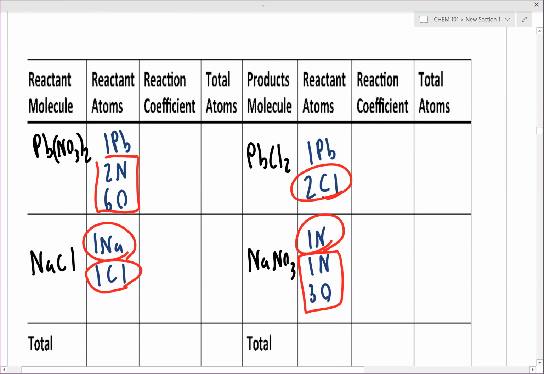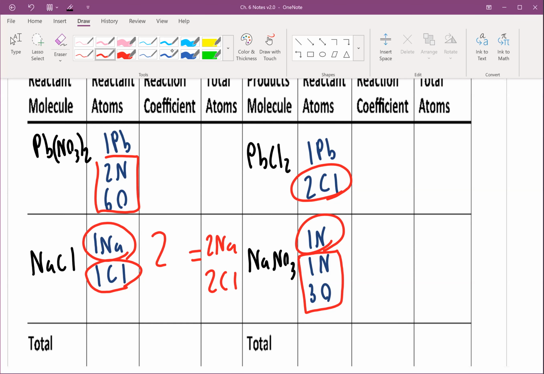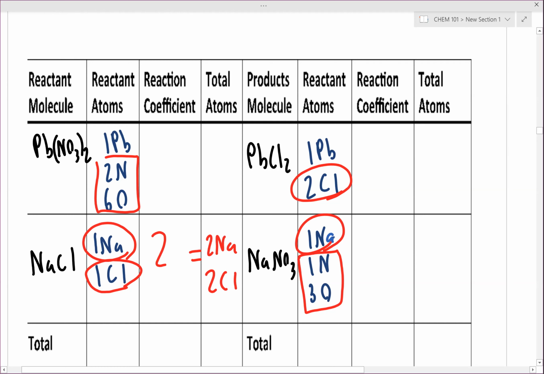If we have 2 chloride ions on the right-hand side, how many chloride ions do we want on the left? 2. So what times 1 would give us 2? 2. And when we adjust our coefficient to 2, we end up with 2 sodiums. So we've unfortunately made a mess, and now sodium is unbalanced.